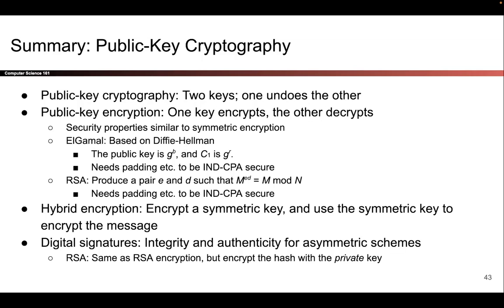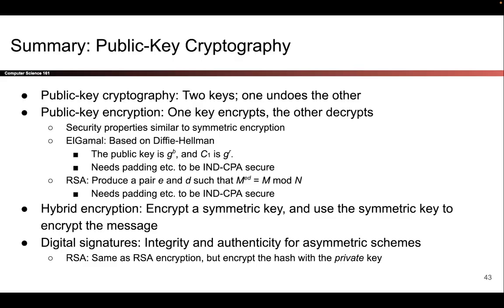Now these schemes are great, but they are slow and they have limitations to the length of the message that you can encrypt, and that's why we introduced hybrid encryption. You encrypt a symmetric key, then you use the symmetric key to encrypt the actual message that you want, and this gives you the benefits of both public key encryption and symmetric key encryption.